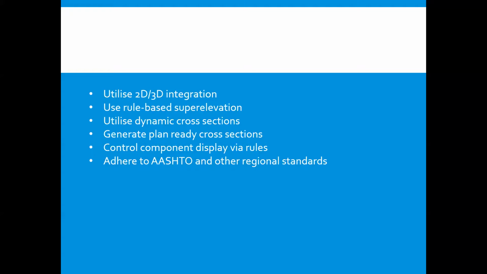Control component display via rules set up by you and adhere to AASHTO and other regional standards. AASHTO is the American Association of Highway and Transport Officials, which is a similar organization to what we have in Australia, called Austroads. And other regional standards.